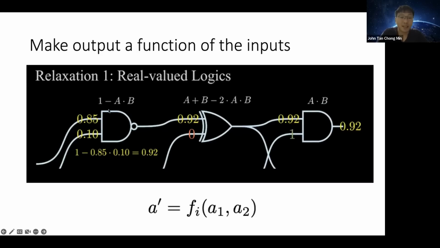For example, the NAND gate is given by 1 minus a times b. So a times b is the AND gate, and if you do 1 minus the result from the AND gate, combined together, this becomes the NAND gate. And not just that, in order to make the network a little more expressive, not just have 0 and 1 outputs, the inputs themselves here can actually be decimal values.